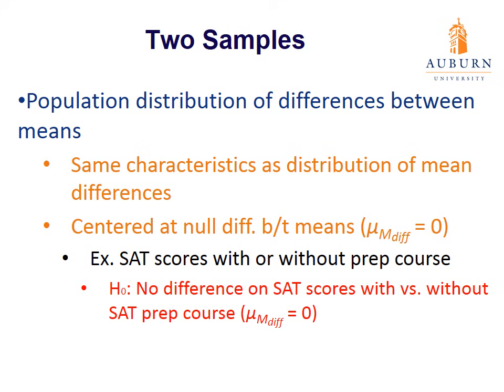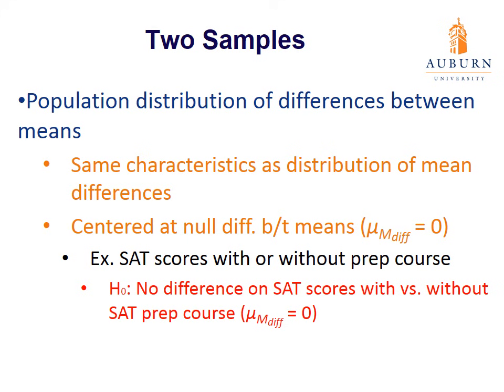So the distribution of differences between the means has the same characteristics as a distribution of mean differences. So the distribution will look the same as a paired sample t-test, but how we get that distribution will be different conceptually. So this distribution is centered at the null hypothesis, where the difference between the means is 0.